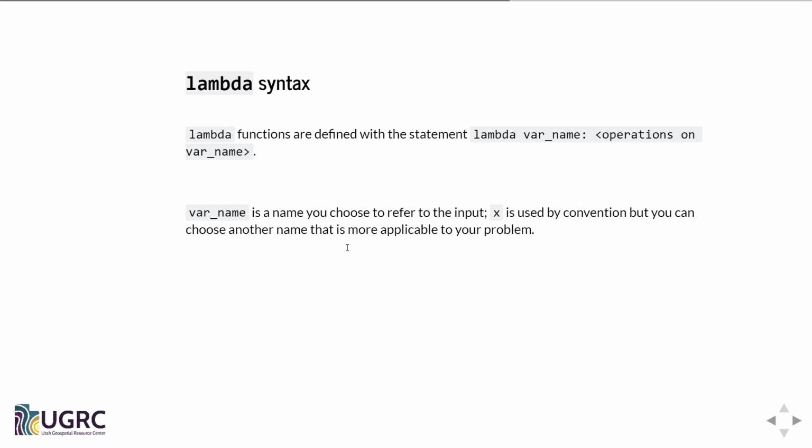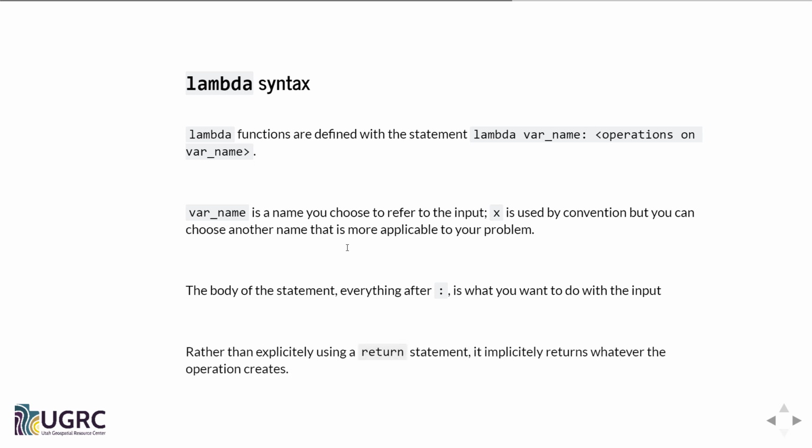I very frequently use this to write custom code that operates row by row and gives me access to the columns in that row. So rather than X, I'll say row, and then I can access the individual columns in that row. Again, everything after the colon is whatever you want to do with that.